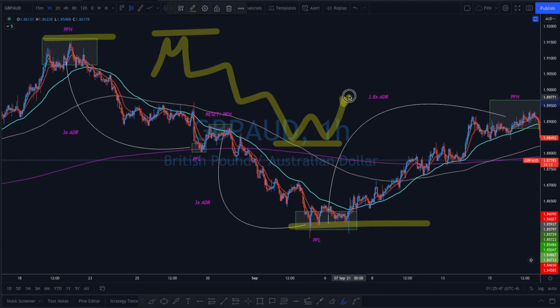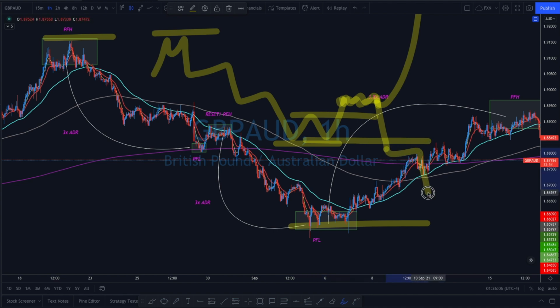The reset comes here where they're gathering more traders. Some traders think because of this being broken that we're going to continue and start a new uptrend, when in fact market makers break that, and now we're on for a new cycle like this. And that's literally what happened here.